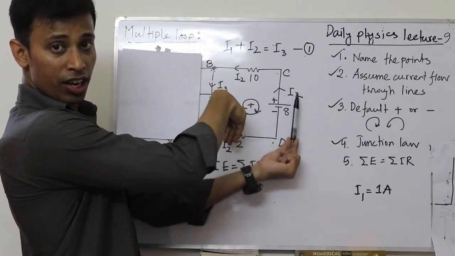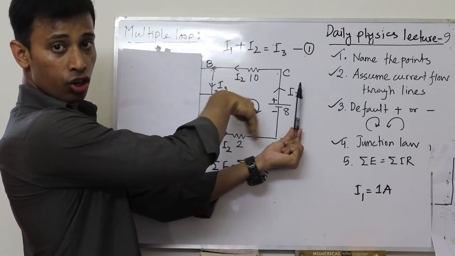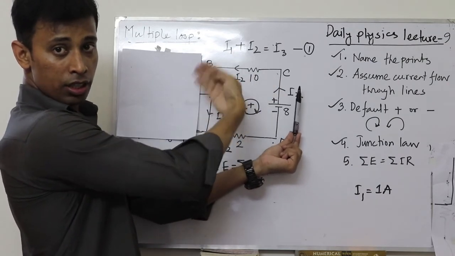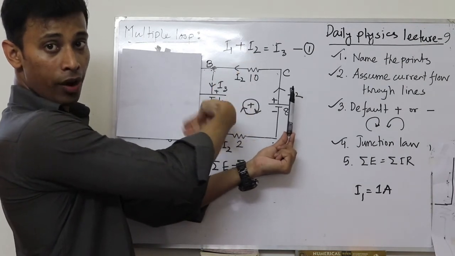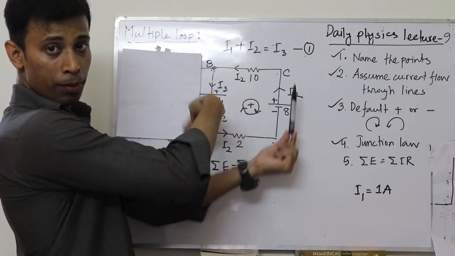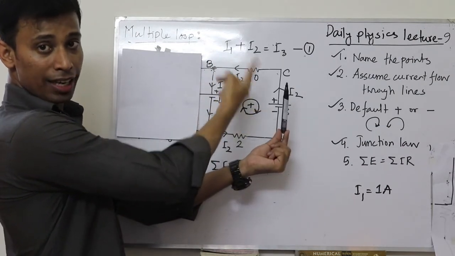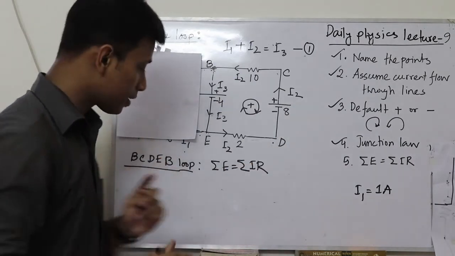That's the direction of 8 volt, and it is contradicting our default positive direction, right? This hand is the positive clockwise direction, our assumed positive direction, but the direction of the cell is acting in the opposite direction, anti-clockwise. So that means this 8 volt is not a positive cell, it's a negative cell.